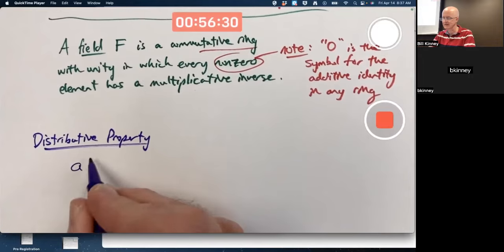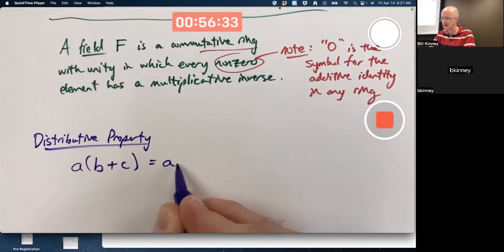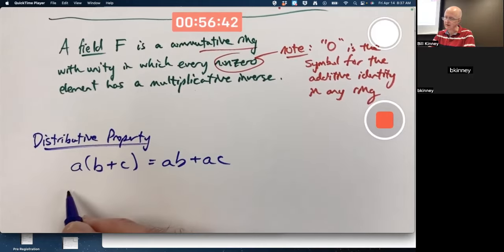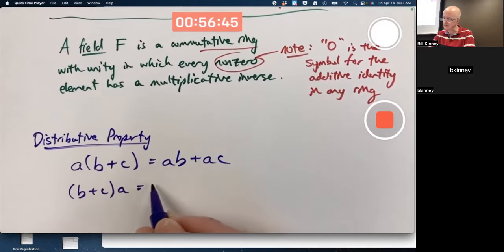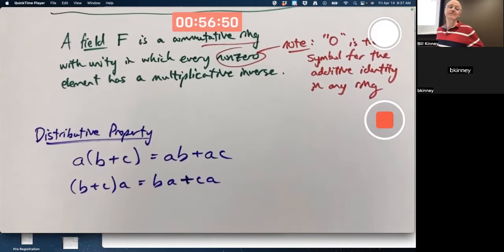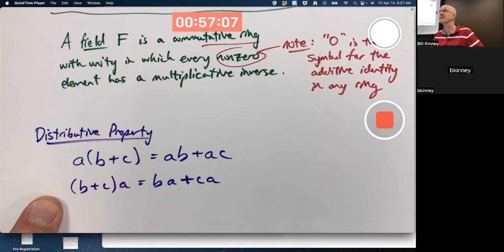It's this. And if your ring is not necessarily commutative, you also probably want to write it the other way around. You want both of these things to be true. They'd be equal if the ring is commutative. And again, when I say commutative, I mean commutative under multiplication. It's assumed that the ring is commutative under addition, that it forms an abelian group under addition. You want both of these things to be true, even if the ring is not commutative. These are distributive properties.